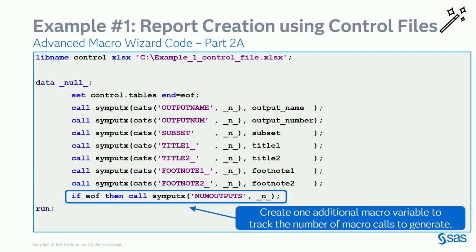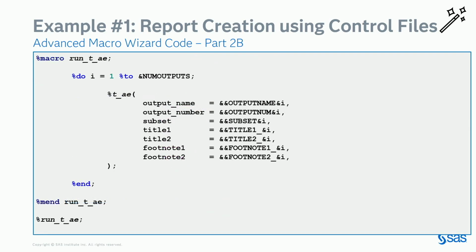So now, once we've created all those macro variables, we need to do something with them. What we're going to do is call that table macro that we showed a few slides ago, T_AE. That's the macro that creates one table and takes a bunch of parameters. But instead of passing in hard-coded values, we're going to pass in the elements from our macro variable lists. And here's where that double ampersand notation comes in that we spoke about earlier.